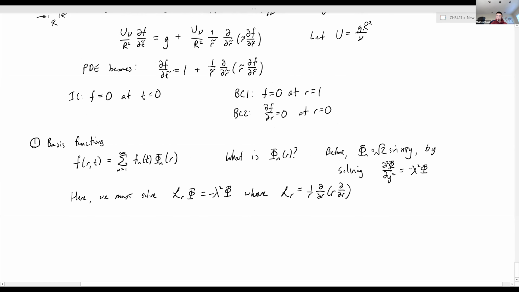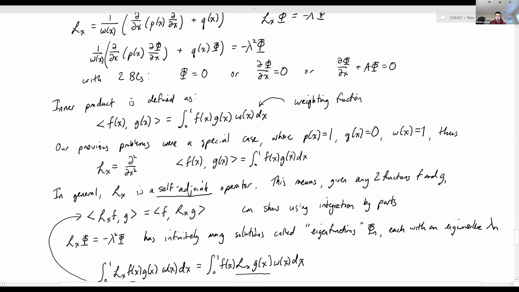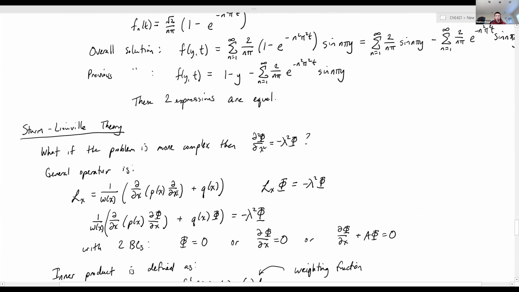Just to draw a quick analogy, we've talked about this more general case of equations. These were called Sturm-Liouville problems, right? As we opened at the beginning of class by reviewing what we were doing on Friday, this was the general form of that second order operator, like that.